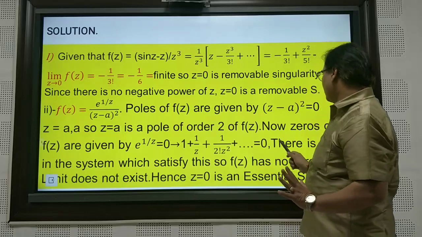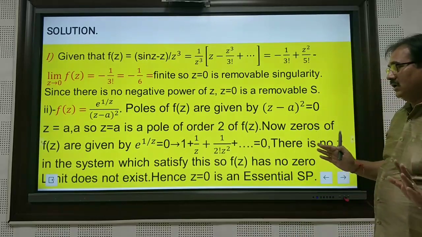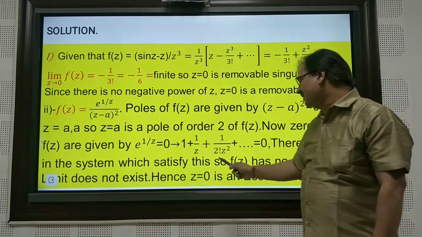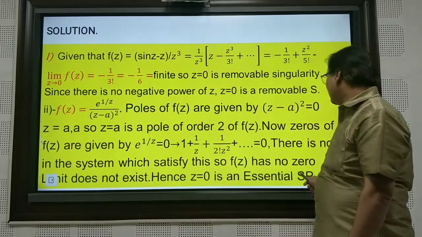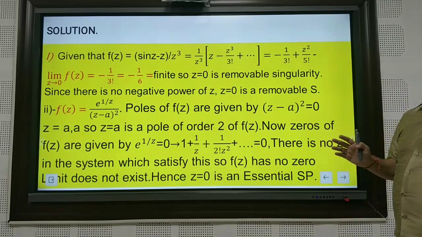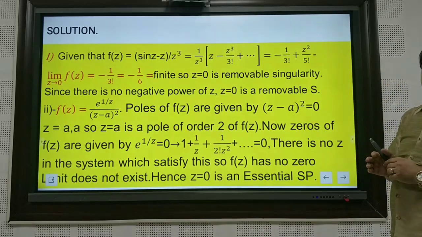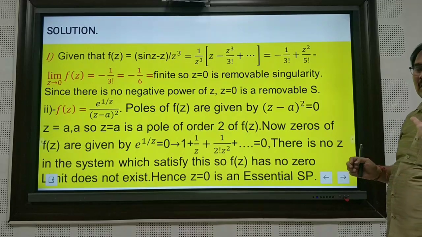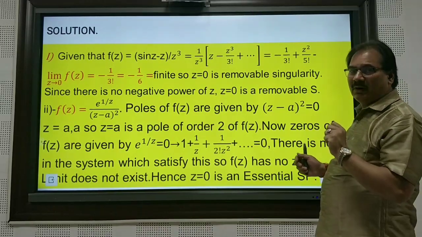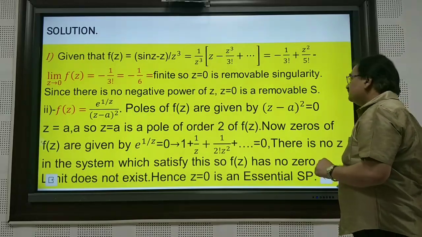It means f(z) has no zero, so the limit does not exist. If the limit does not exist, hence z equal to 0 is an essential singular point. In this way, depending upon the nature of the function, you can declare what is the essential singular point, what is the pole, or what is the removable singularity.